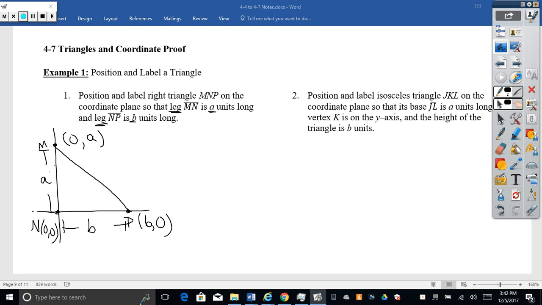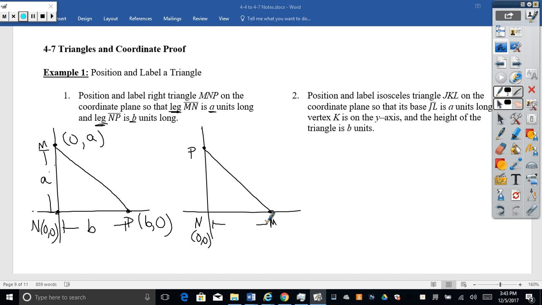Now I think a logical question at this point would be this. I get the lengths, I get the ordered pairs, but how do I know that NP is here and MN is there? Technically they could be switched. If you went ahead and drew this, I wouldn't be able to fault you. N, P, M. And so if you said, again, this would be (0, 0), makes sense.